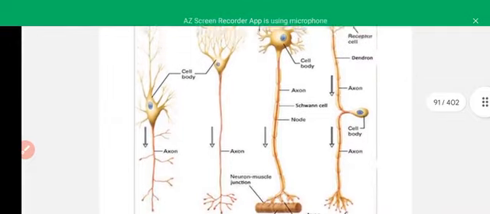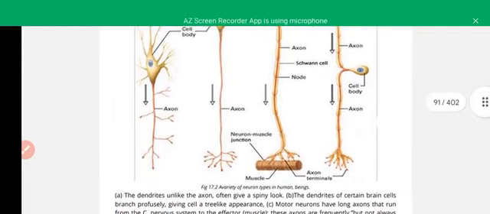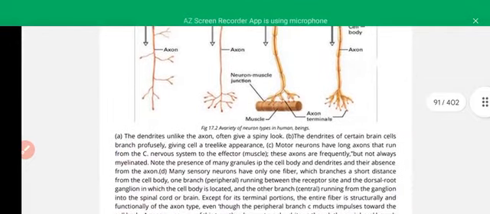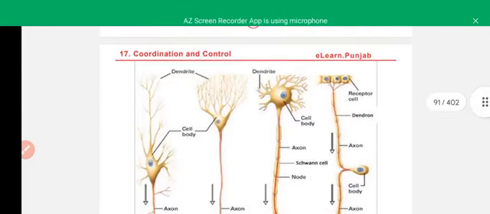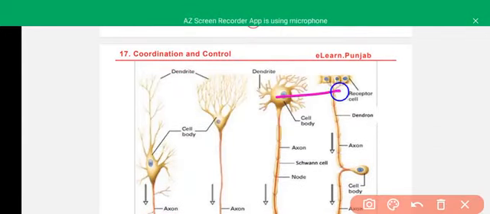Here we are with a motor neuron. It contains the cell body, also called the cyton or soma. There are cytoplasmic processes, dendrites, that take the message toward the cell body.